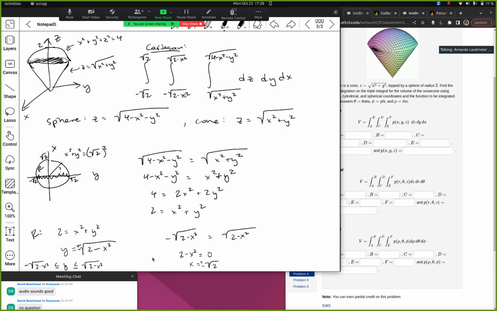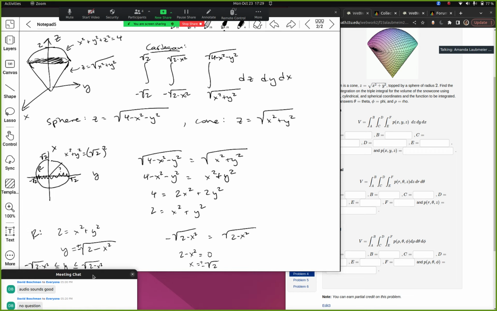So then just doing the algebra, you would get x goes from negative root 2 to positive root 2. And that's how you do that part.